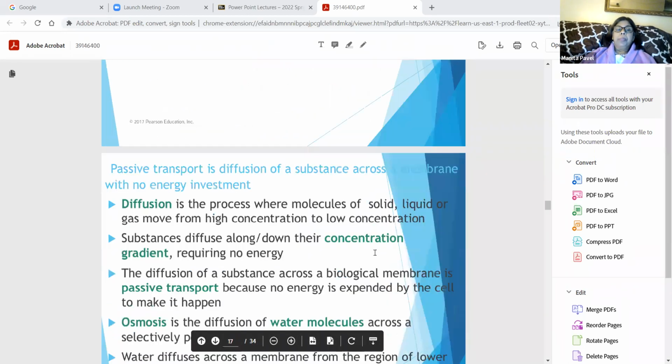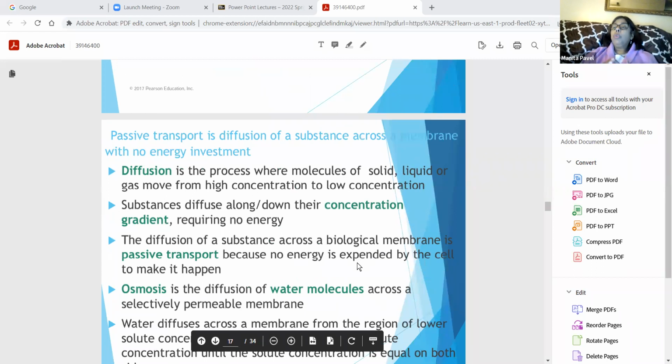So now we come to, as I mentioned earlier, the two main types of transport: active transport and passive transport. The analogy I use is, what am I doing right now? Am I being active or passive?